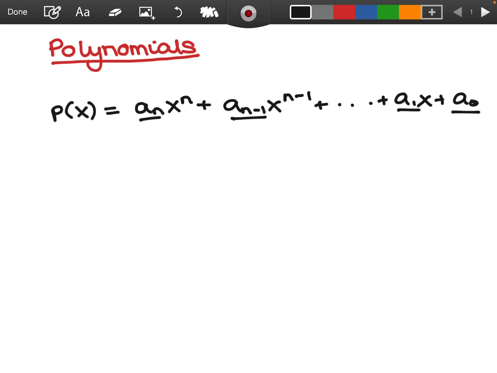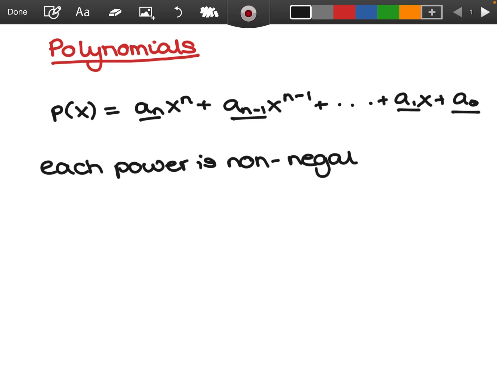And then n minus 1 all the way down. Each one of those is a non-negative power. So each one of these powers or exponents is non-negative. Okay, that is a big deal with a polynomial. If you have any of those powers, any exponents that are negative, then you do not have a polynomial.